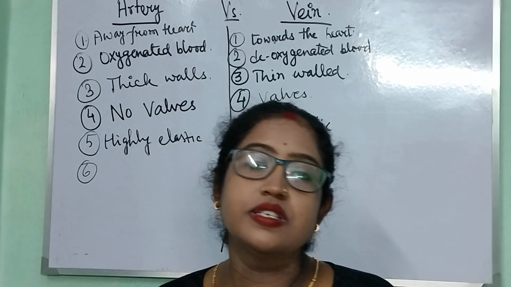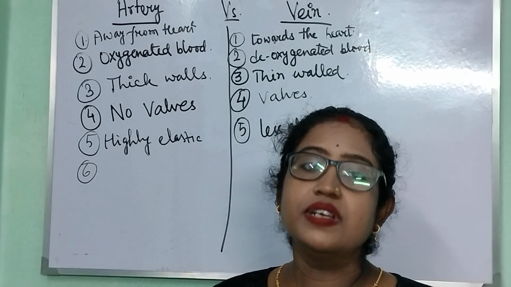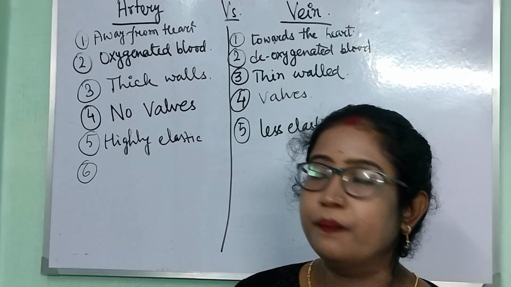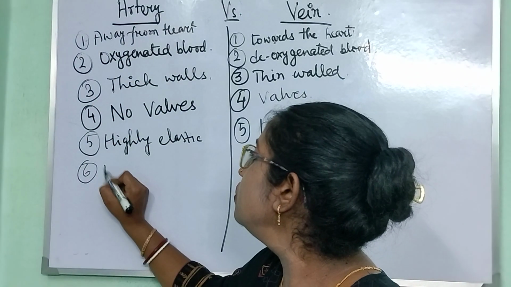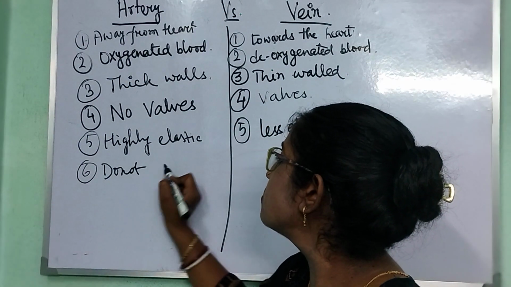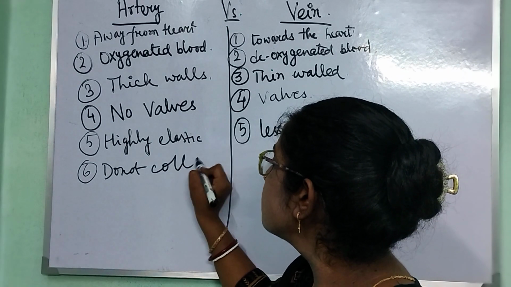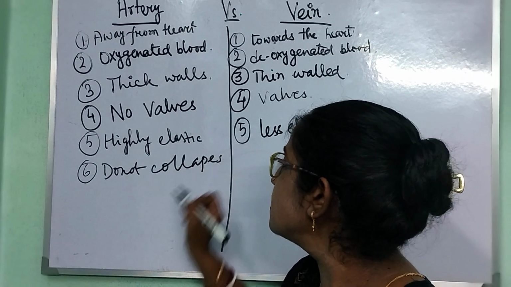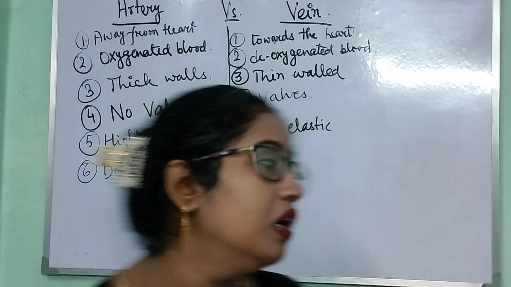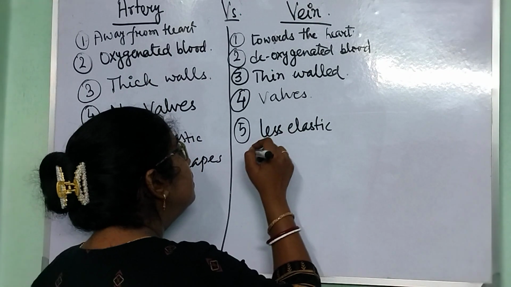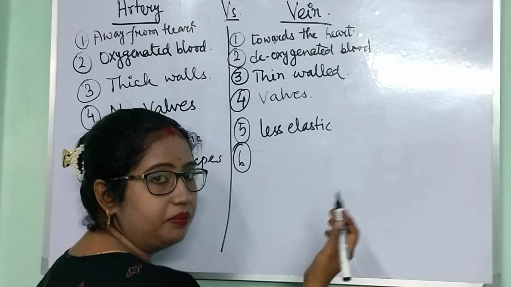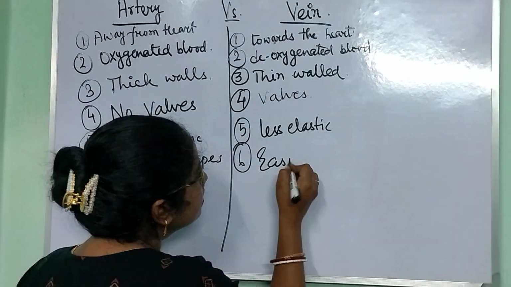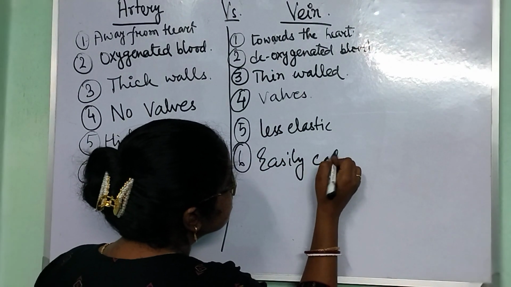Then last difference is when the blood vessel becomes empty, the artery won't collapse easily. But when the veins are empty, it easily collapses.